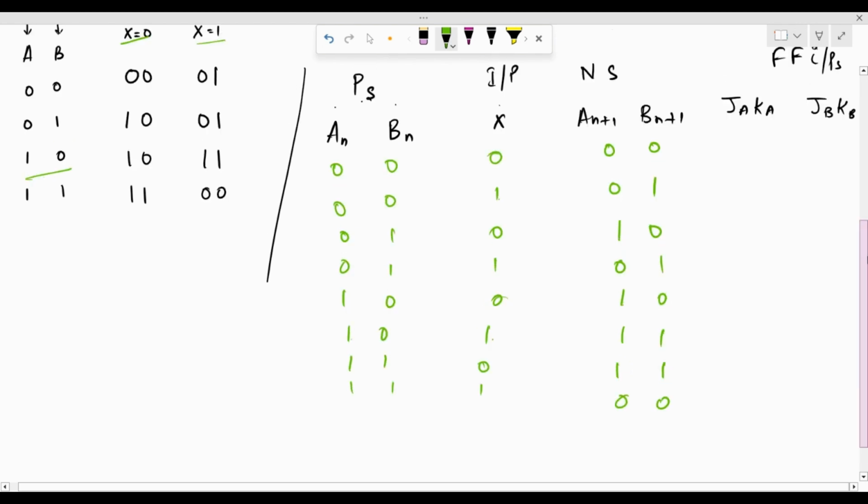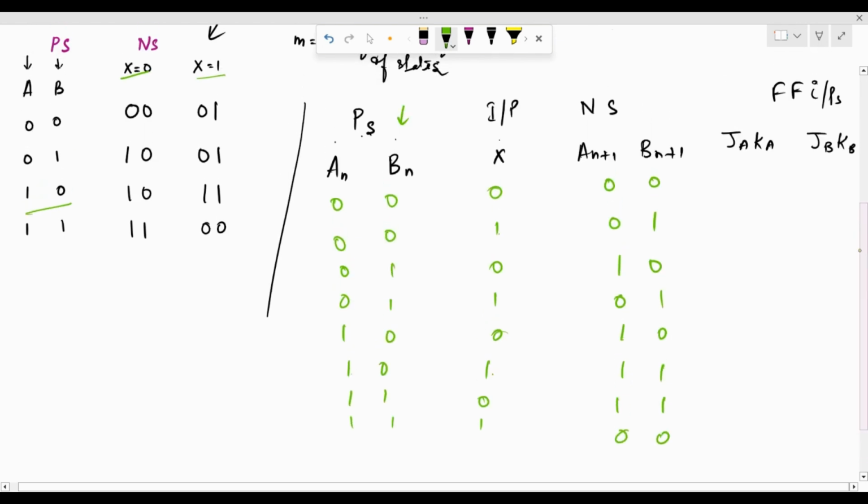Now we have the present state An and the next state An plus 1. Let's focus on these two columns so that we can obtain the excitation for JK flip-flop A, that is JA and KA. To do that, we need to remember the excitation table for the JK flip-flop.